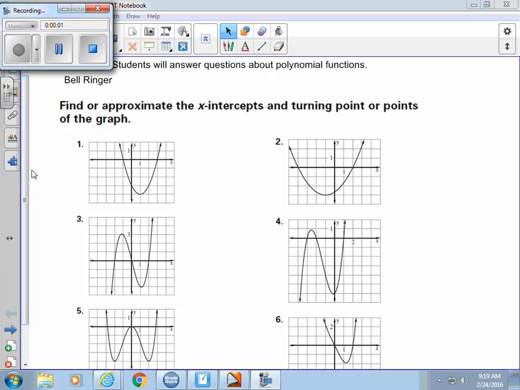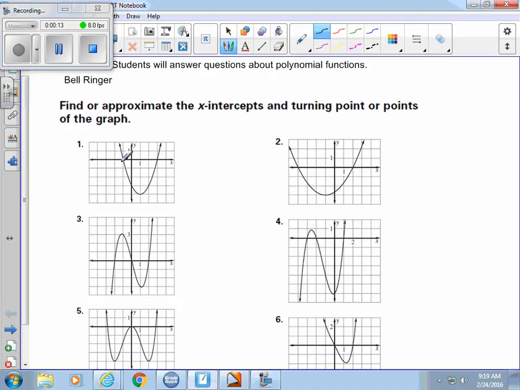Estimate or approximate the x-intercepts and turning point or points. So, what are the x-intercepts? Looking at this number 1 graph: -1 and 3.